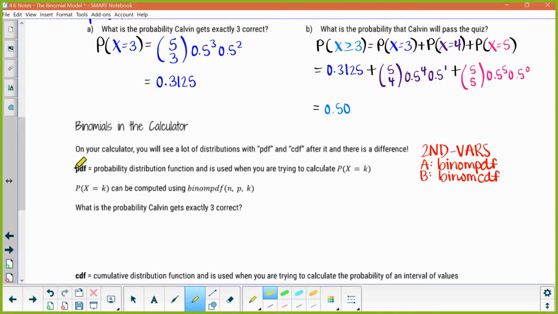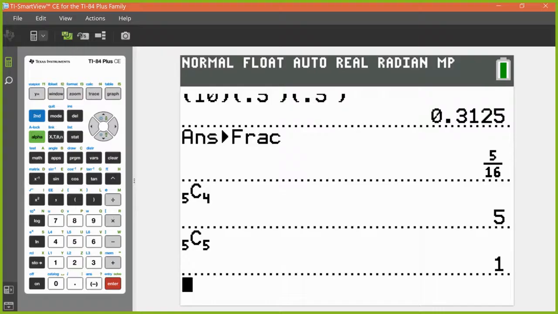PDF is when it's P(x) equal to exactly one number. We're going to go to binomPDF, which is option A. So, what is the probability Calvin gets exactly 3 correct? I'm going to pull up my calculator one more time, and then I'm going to show you where to go.